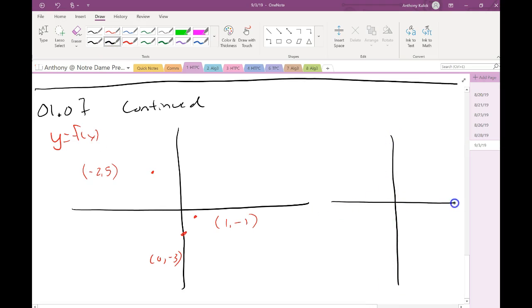If we wanted to draw the graph of the inverse for this, how would I do that?